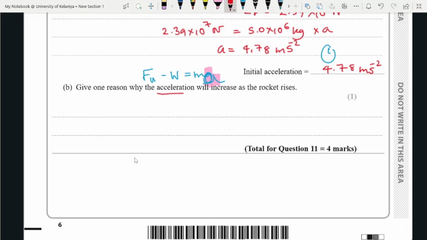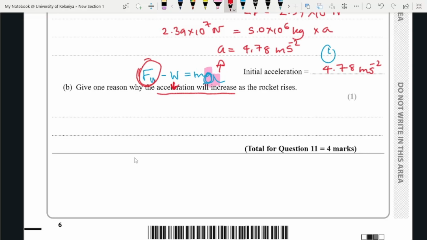They say acceleration will increase. If this one is increasing, this one should decrease. We cannot increase this one because this is the upward thrust that we are giving, so the weight should decrease. So is it possible? Right?